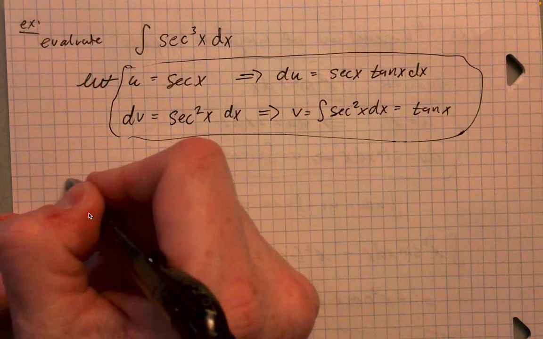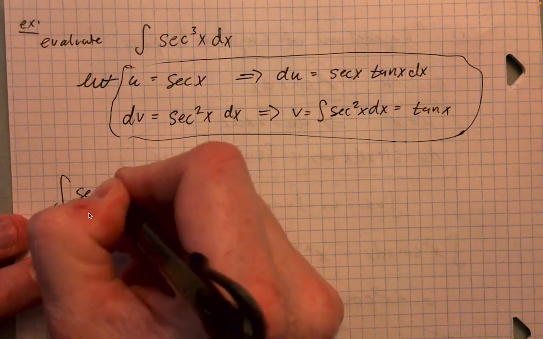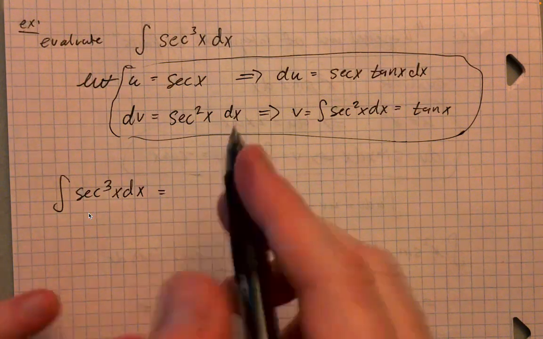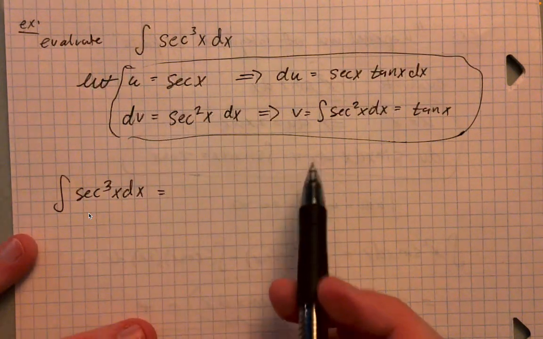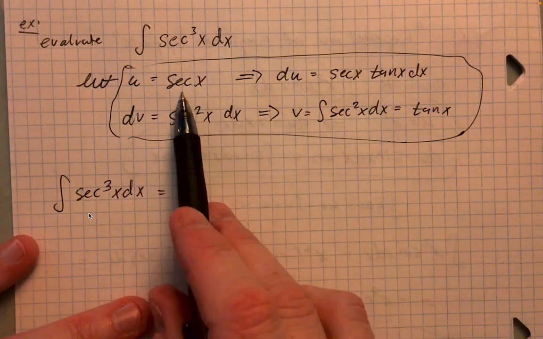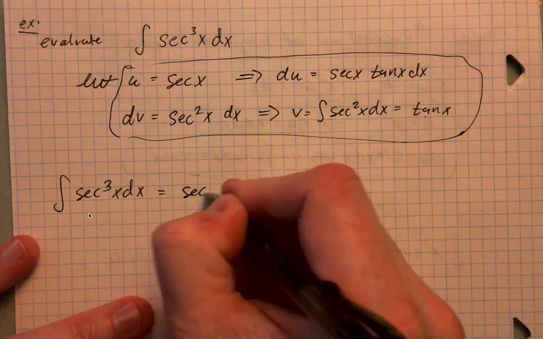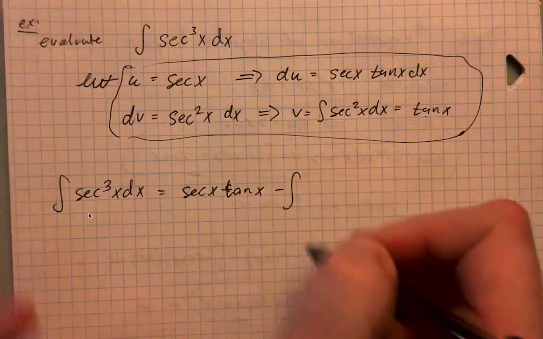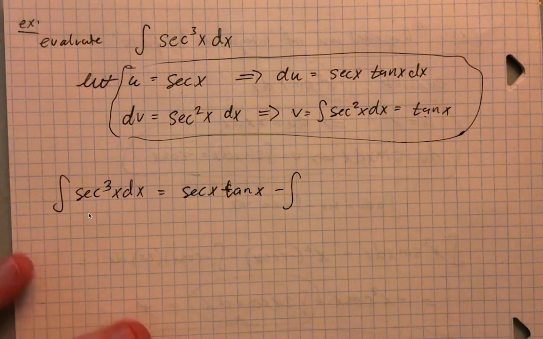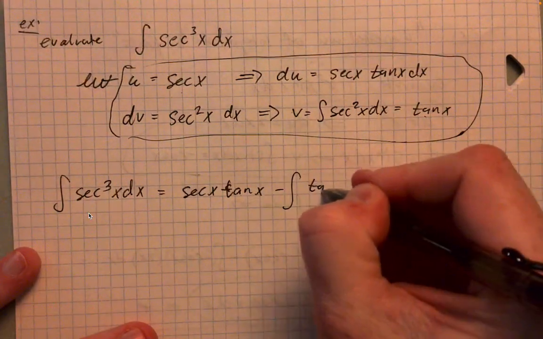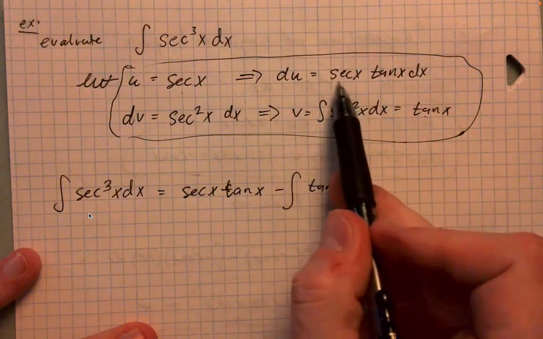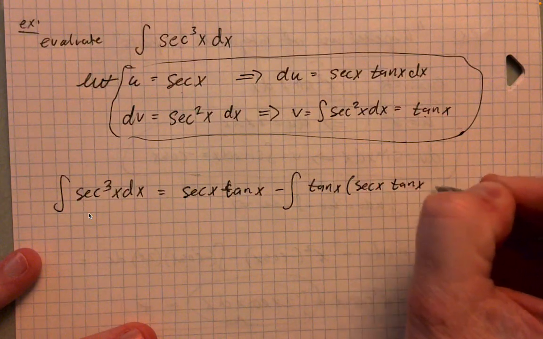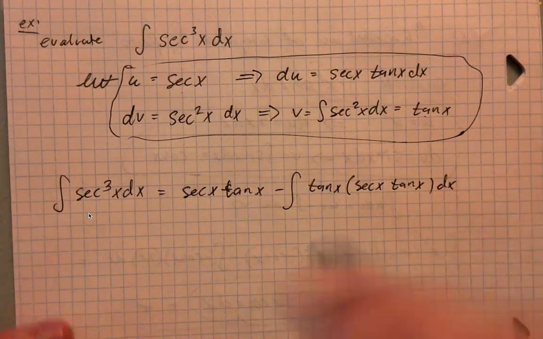So if we start with the integral of secant cubed x dx, that's our u dv, then that's going to be equal to u times v, which would be secant times tangent, minus the integral of v du. So v is tangent, and du is this, secant x tangent x dx.